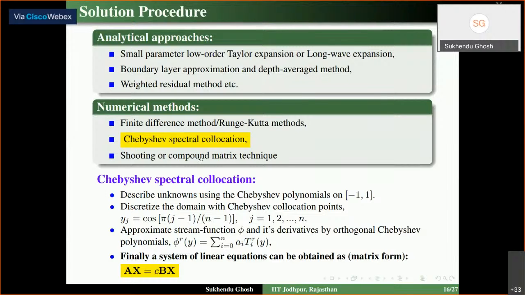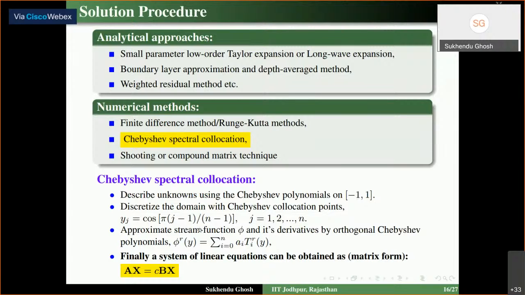In this method, we discretize the equation in a domain, say -1 to 1, using Chebyshev points. Chebyshev points are a particular type of point given by Yj, which lie between -1 and 1.